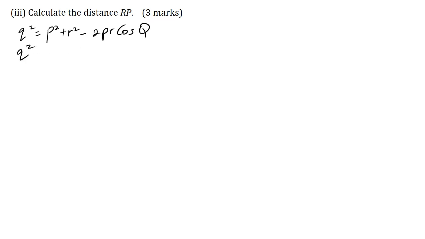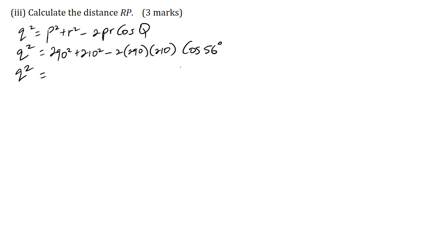So substituting into this equation here, we have Q squared is equal to 290 squared plus 210 squared minus 2 multiplied by 290 multiplied by 210 cos 56 degrees. Q squared is equal to, working out the right side on my calculator, I'm getting here 60,090.3.